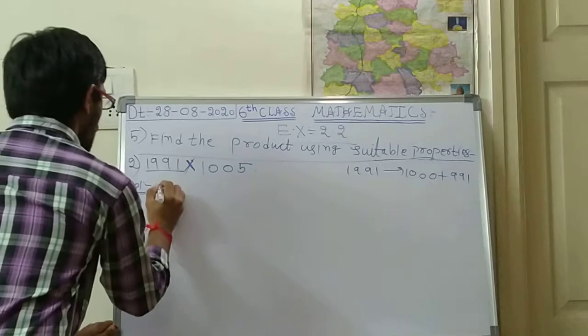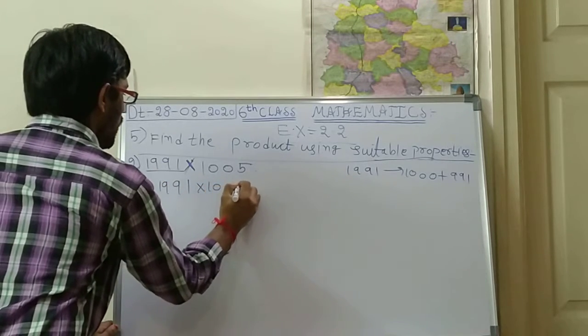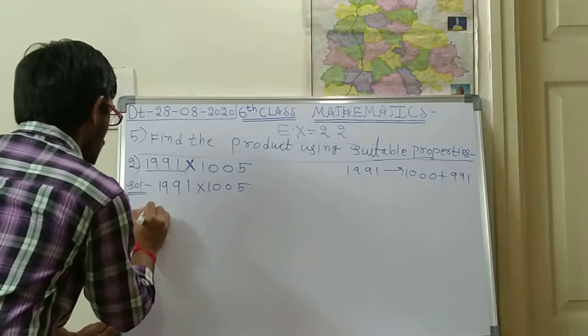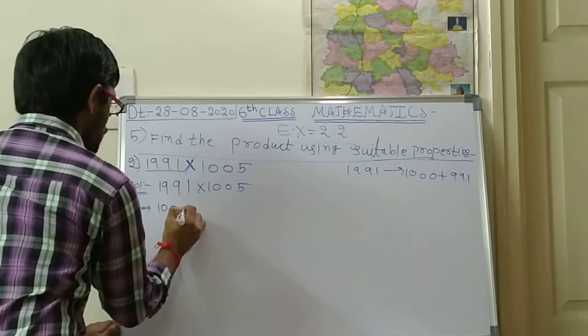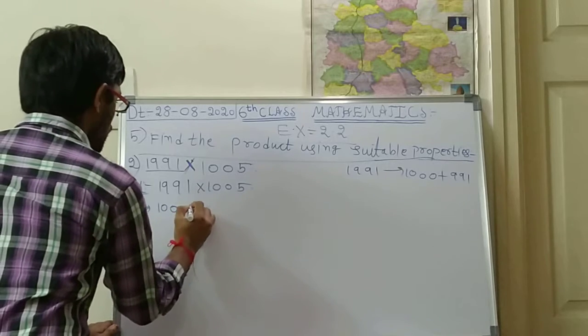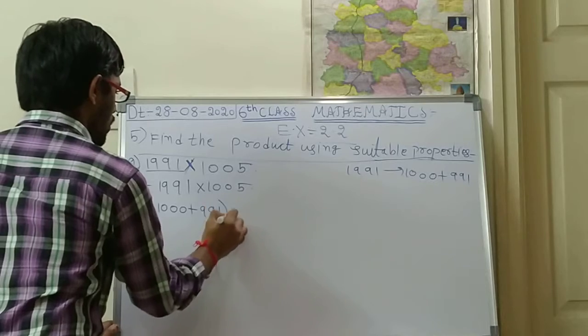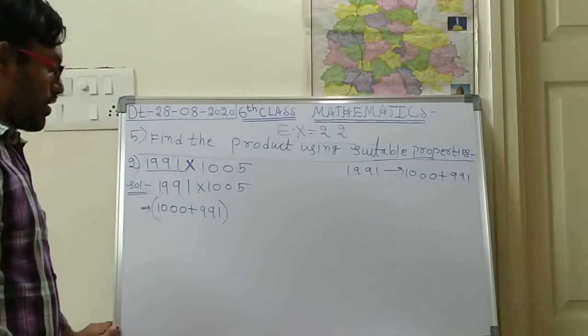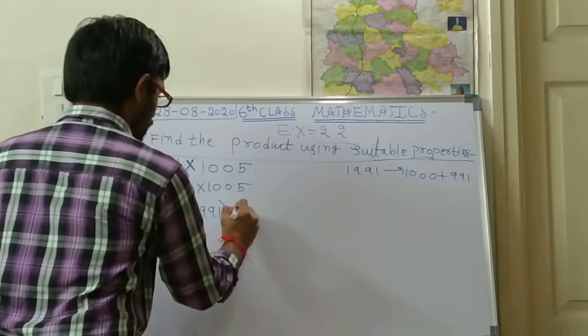So I will be writing like that. First, the same question you have to write in the first step. Next you divide 1991. So 1000 plus 991. Okay, so this is one step. 1000 plus 991 into 1005.